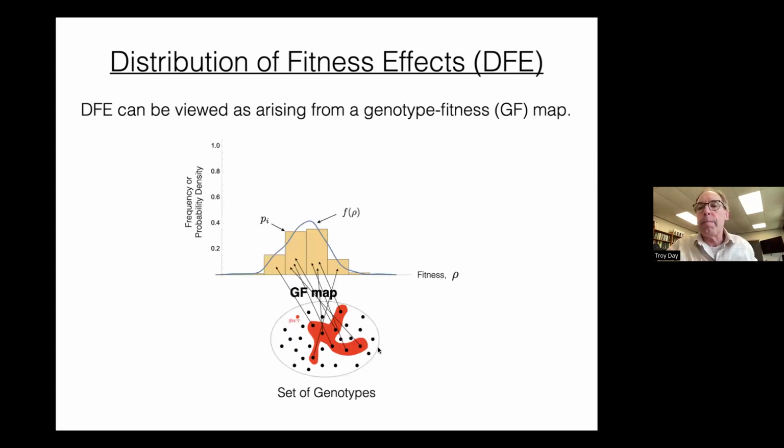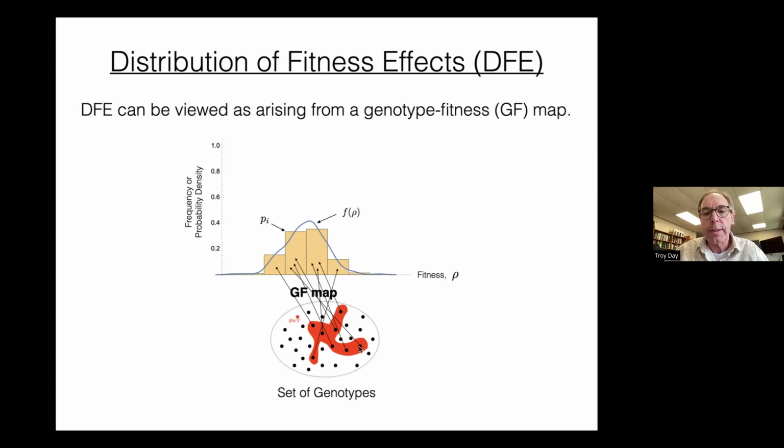So there are a variety of models, and I'll tell you a bit about the kinds of models people have built. All of them you can kind of think of as modeling in some way the mapping from genotype space to fitness. So on this plot, I've got frequency or probability density on the vertical axis and fitness on the horizontal axis. These histograms are just different fitness bins, and I'm going to focus on models like that.